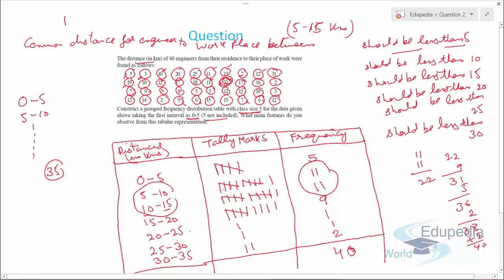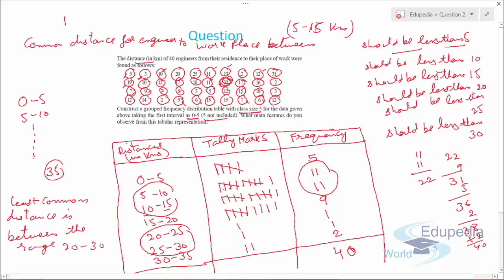Now, the least common distance is in the range 20 to 30, right? So we can write the least common distance is between the range 20 to 30, right?